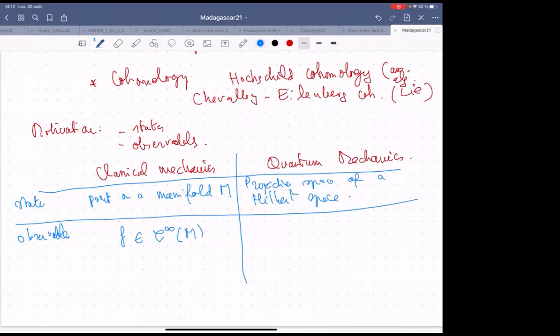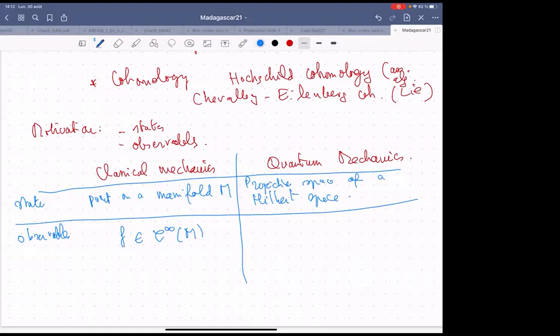Then the set of these observables has the structure of a commutative algebra. And what about observables in quantum mechanics?